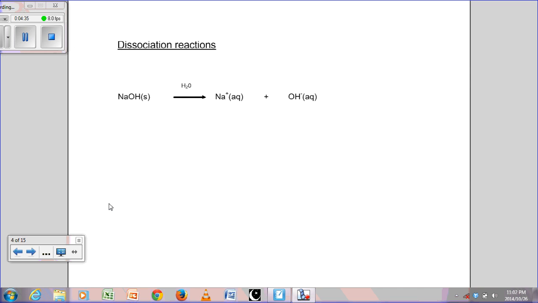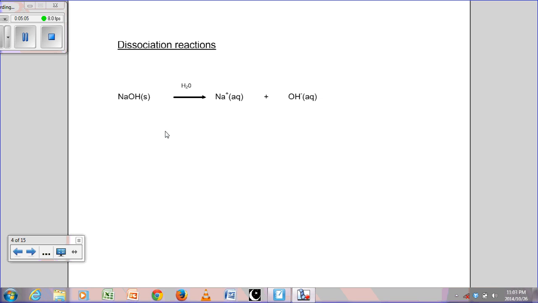Now, if we have salts, for example basic salts like NaOH, sodium hydroxide, which is soluble in water, when you put sodium hydroxide in water, it undergoes dissociation because the NaOH is ionically bonded, and Na+ ions and OH- ions are produced.